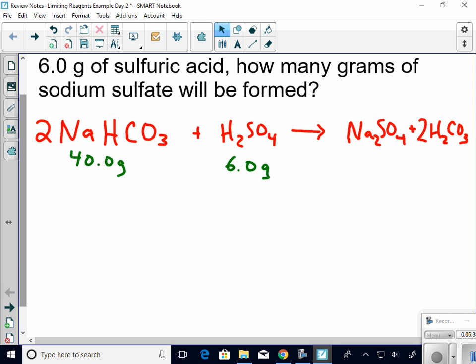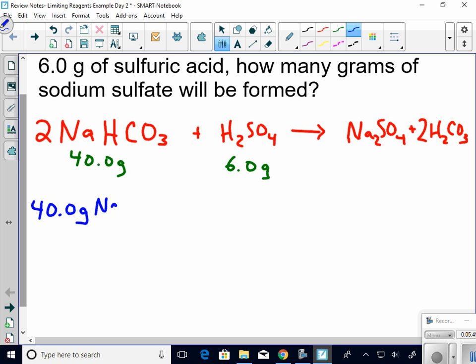So what I'm going to do is a mass-to-mass calculation. And I can pick either one. What do I mean by that? I can start with sodium bicarbonate and go mass-to-mass to sulfuric acid, or vice versa.